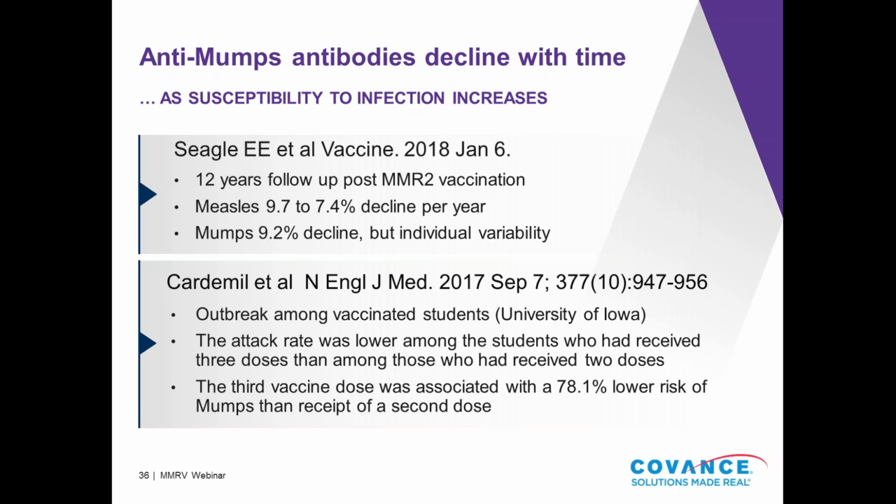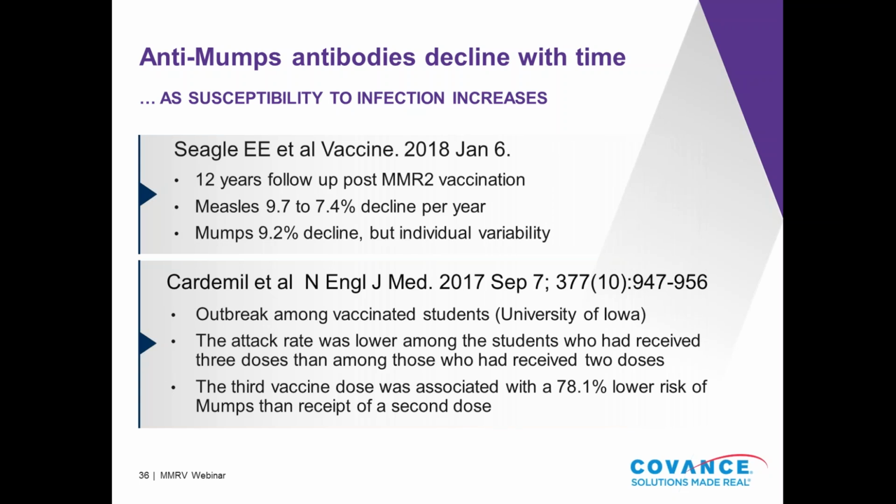Geometric mean titer to rubella declined between 2.6 and 5.9% per year among those who received the vaccine at different time points. The geometric mean titers to mumps declined at about 9% per year, regardless of their demographic or age.